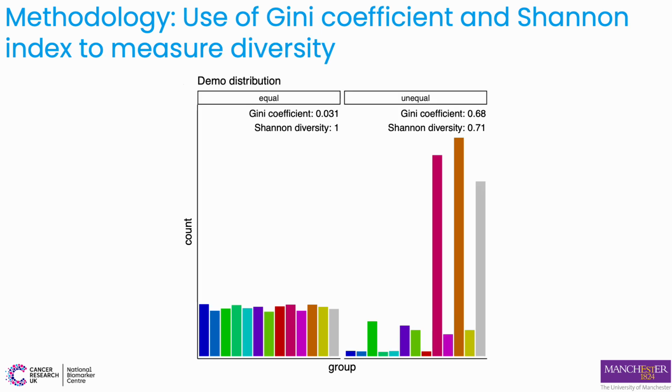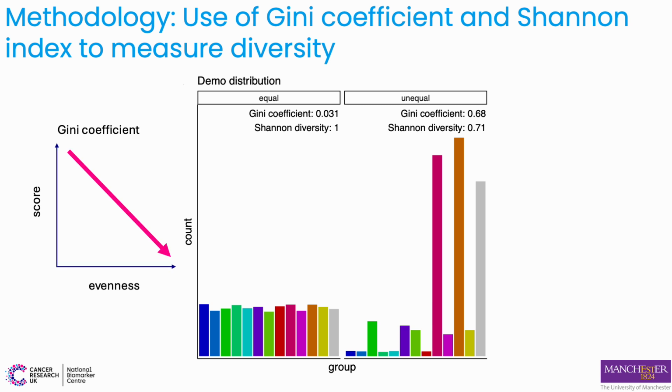At the same time, there are various quantitative metrics for measuring the color diversity of the population, such as the Gini coefficient and Shannon index. Gini coefficient is a measurement of inequality, and using this demo distribution, we can see that when the population is more evenly distributed, Gini coefficient tends towards 0.